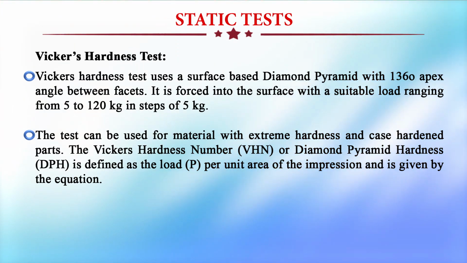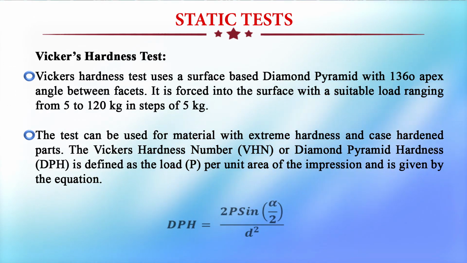The Vickers hardness number or diamond pyramid hardness is defined as the load P per unit area of the impression and is given by the equation DPH = 2P sin(alpha/2) / d².